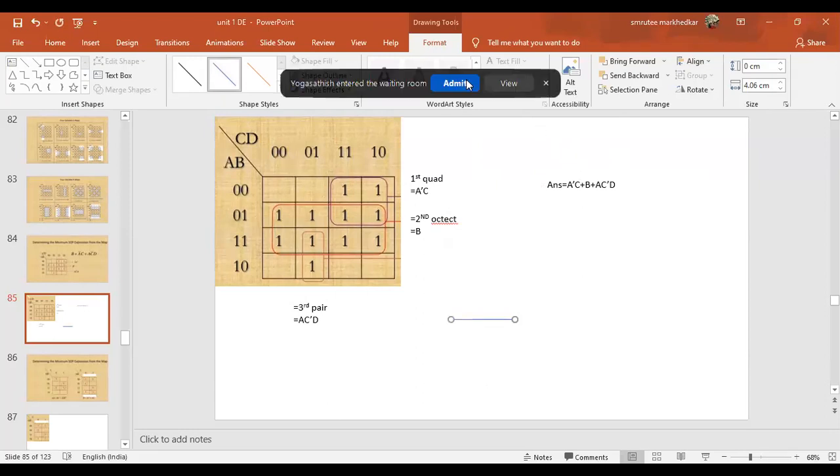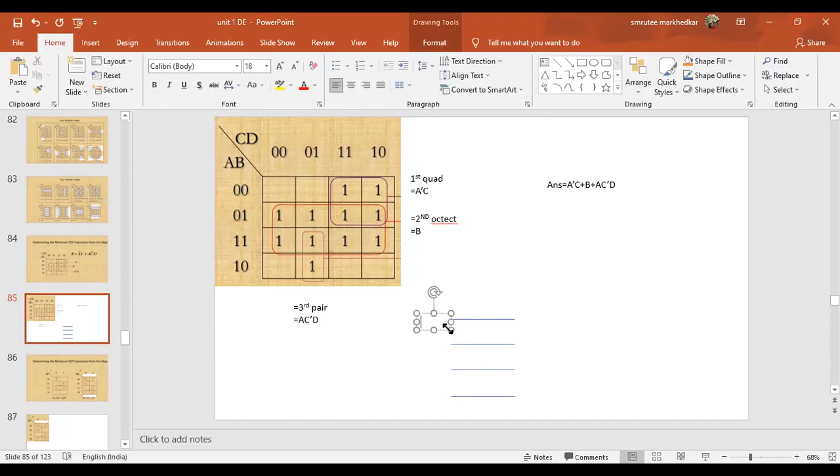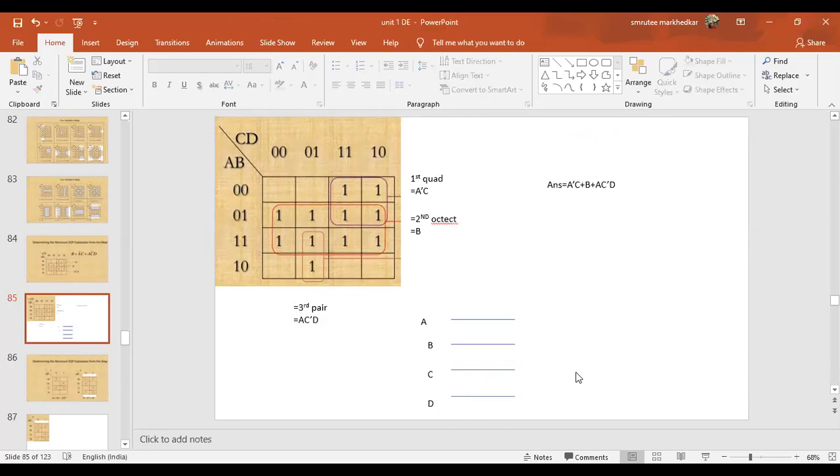We have A, then next B, then C. Since we have all 4 terms, we'll go ahead with all 4 lines, that is D. So that makes A, then we are left with B, then C, and then D. So this is how we got 4 inputs. Now we are going to make the circuit for this equation.